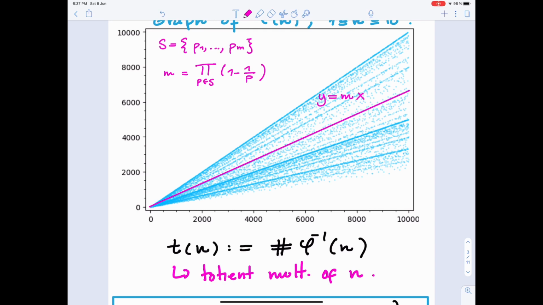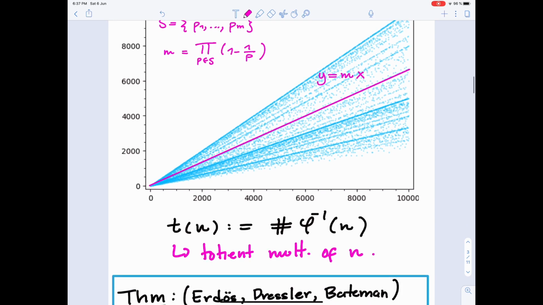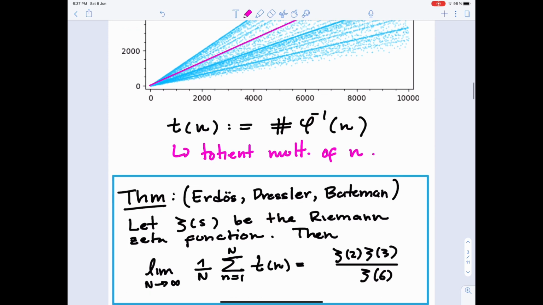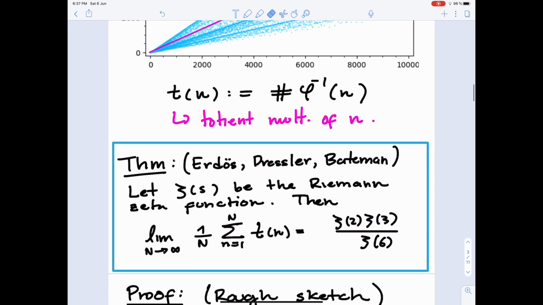A very nice theorem of Erdős, Dressler, and Bateman is that, if I denote by zeta the Riemann zeta function, then the mean value of this totient multiplicity is going to be zeta of 2 times zeta of 3 over zeta of 6. And just as a foreshadowing, let me write number 1 here.